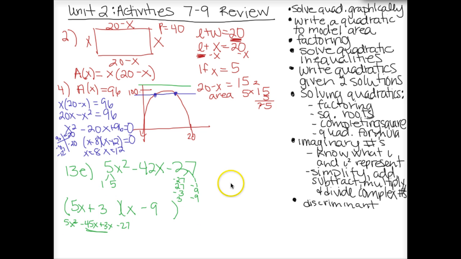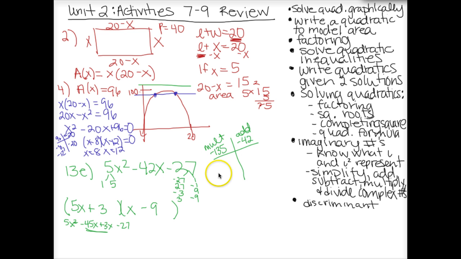Now, if you're not a guess and check person, the way you would start this one is by looking for what multiplies to a times c. So 5 times negative 27, which is negative 135, and adds to negative 42.